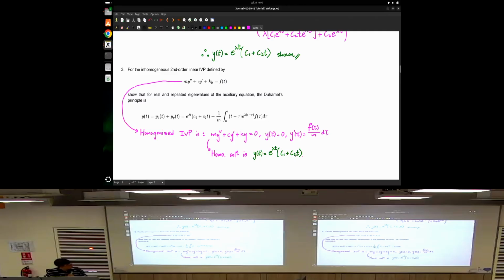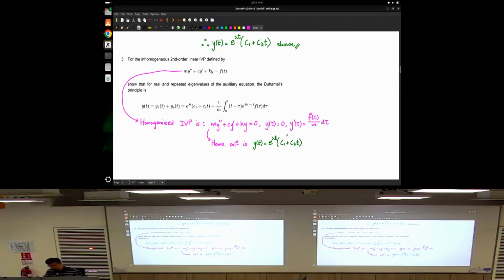Then you never apply the initial conditions yet, so now apply. So y of tau, apply initial conditions.